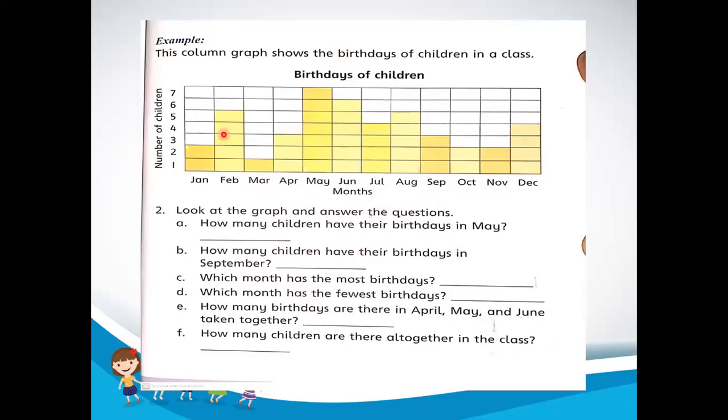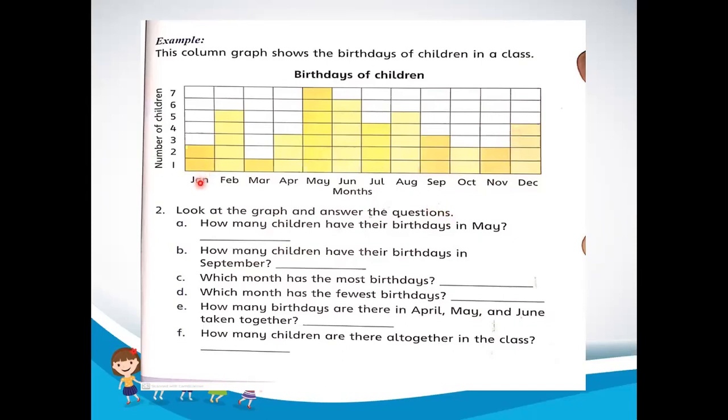And you can see from the scale also that 4 students have birthdays in the month of July. Now August, 5 students. September, 3 students. In the month of October, 2 students have birthdays. November has the same number of students, and in December 4.